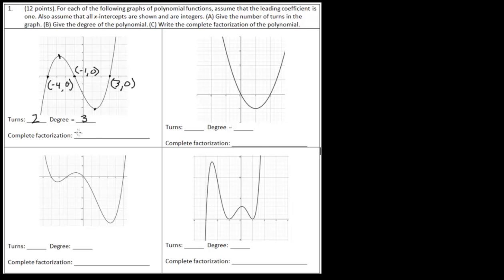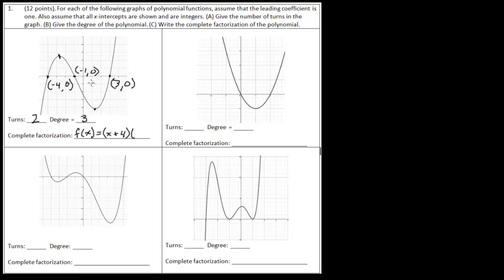Therefore, the complete factorization, if we label it as f of x, would be: if we have an intercept at -4, 0, that means the zero is -4, and the factor is x plus 4. We're subtracting this value, so minus 4 is plus 4.